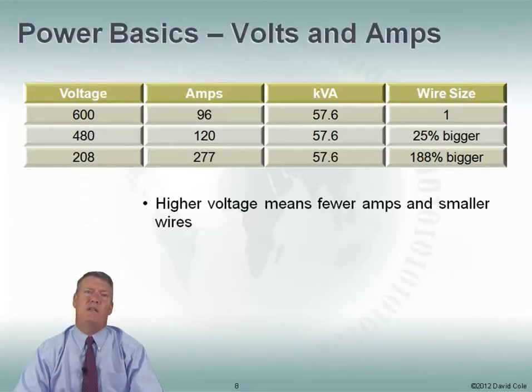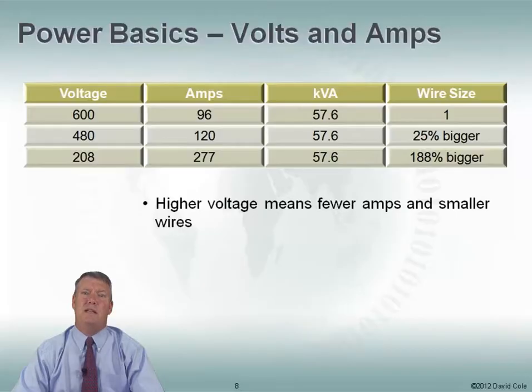So if I have a voltage of 600 and amps of 96, if I were to multiply those two together, I get a kVA of 57.6 or 57,600 volt amps, okay? I could lower my voltage down to 480 volts and increase my number of amps up to 120, and I would still get 57.6 kVA. So the same amount of apparent power coming out of there.